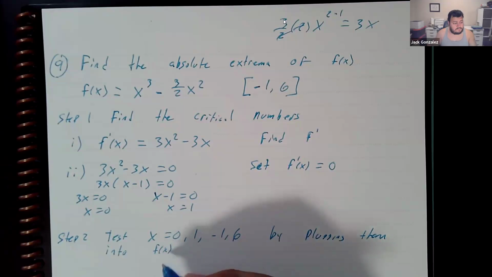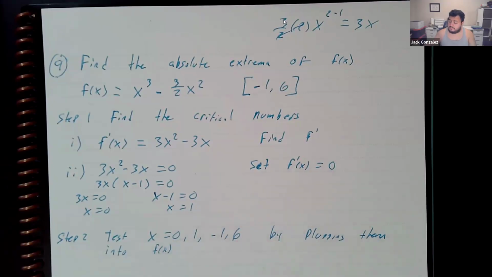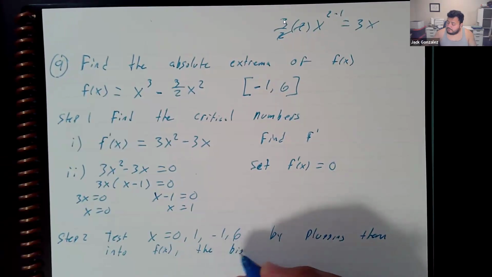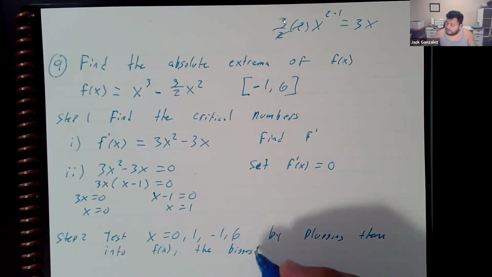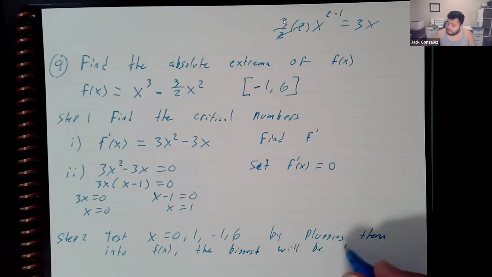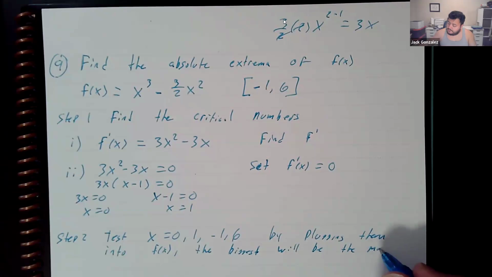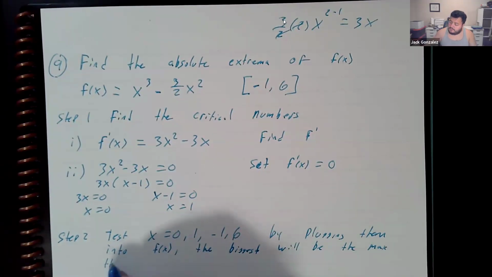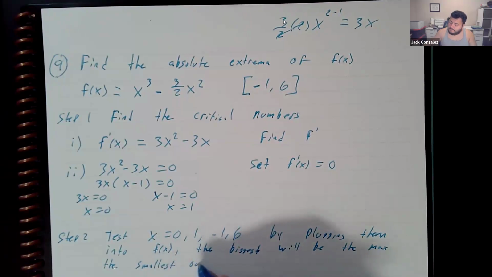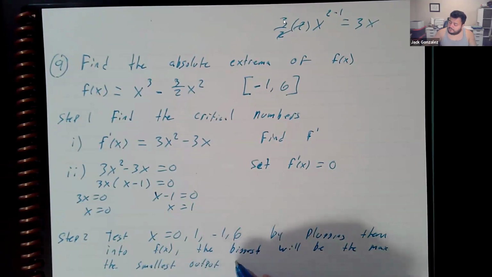F of x, the biggest output will be the max, the smallest output will be the minimum.